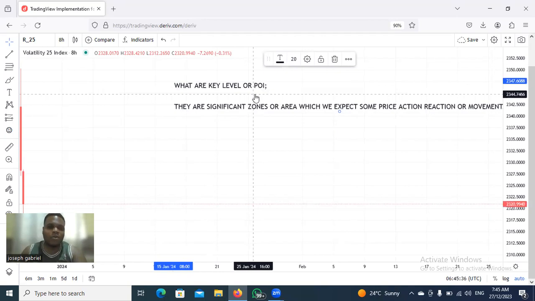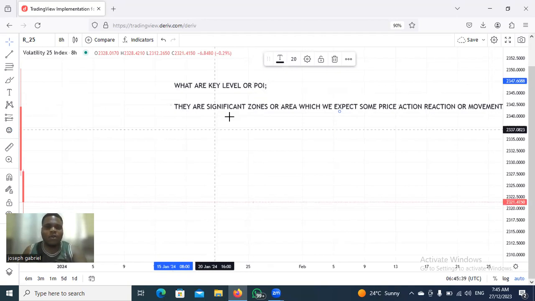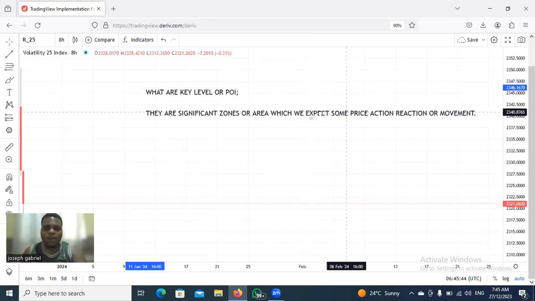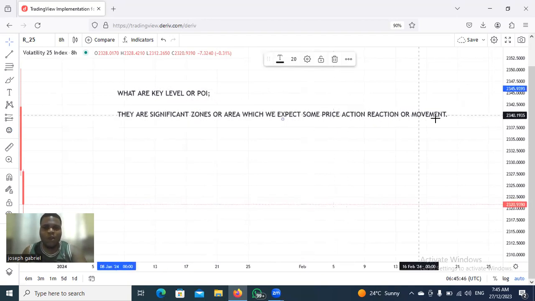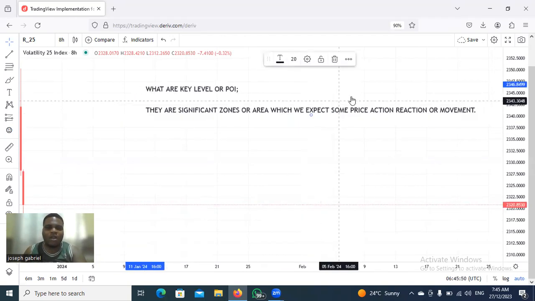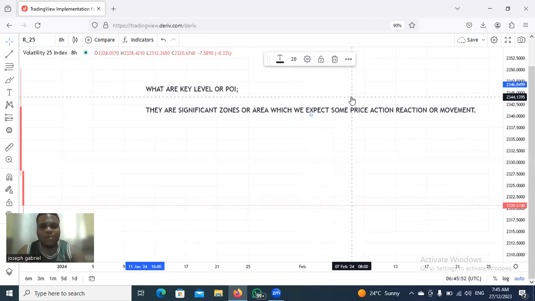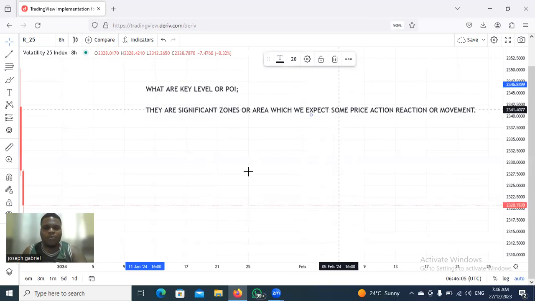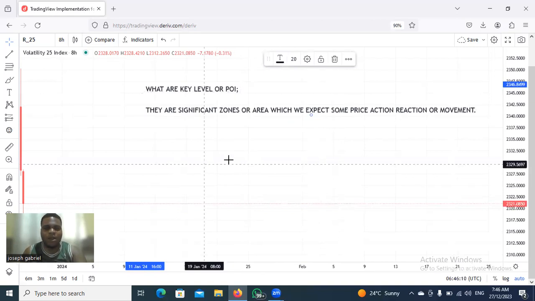Key levels are significant zones or areas where we expect some price action reaction or movement. So we expect price action reactions and price movement, which I'm going to be showing us in this video.